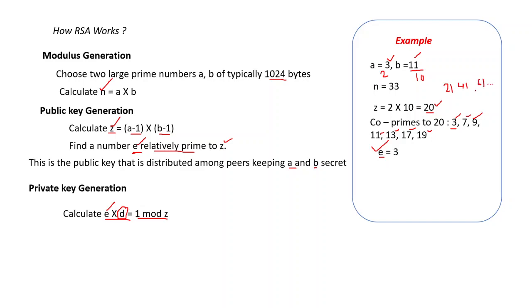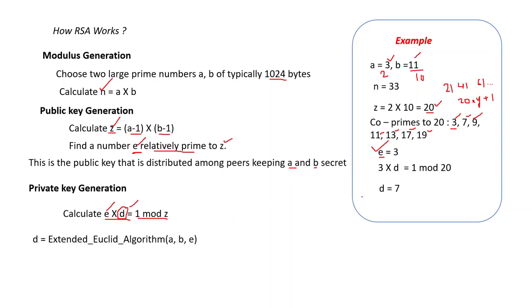Basically, 20 into some integer x, plus 1, is going to be E into D. We know that 21 is divisible by 3 and the result is 7. So in our case, the value of D we choose is 7.